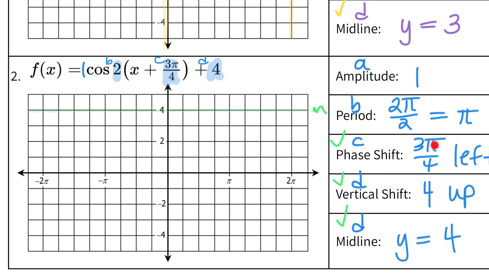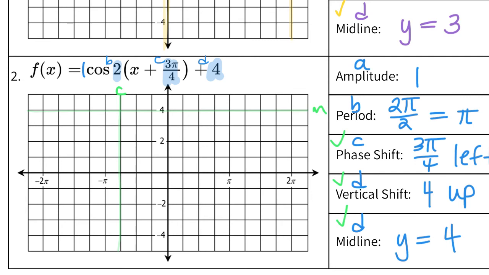So don't let the pi confuse you. 3 over 4 is just a fraction. So if it takes 1, 2, 3, 4 to get to an entire pi, 3 over 4 is going to be 3 squares. And I'm going to label that with a C because that was our phase shift.